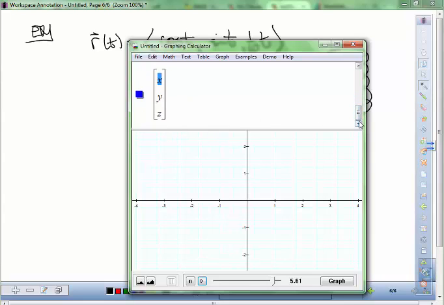So I'm going to go from 0 to, I don't know, 100? No. What, 20?